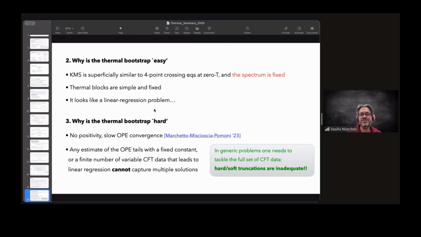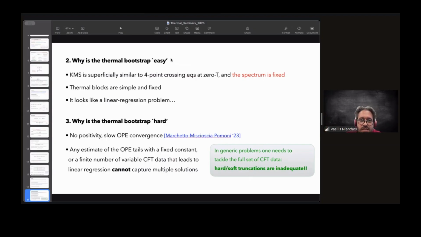Like, you give me the spectrum, great. I don't have to optimize over unknown scaling dimensions. The thermal blocks are simple and fixed. And it looks like a linear regression problem. The unknown coefficients appear linearly, and you have to solve a least squares problem that has a unique solution.